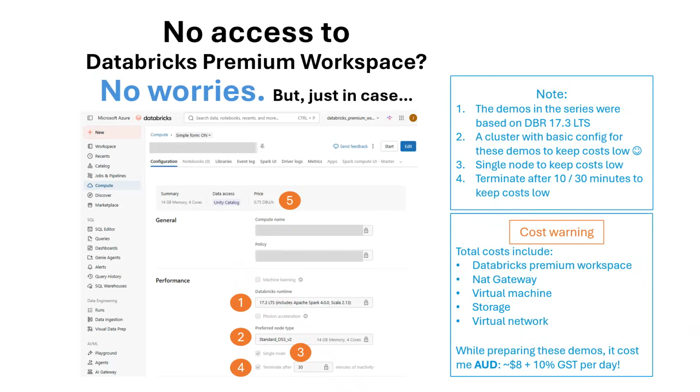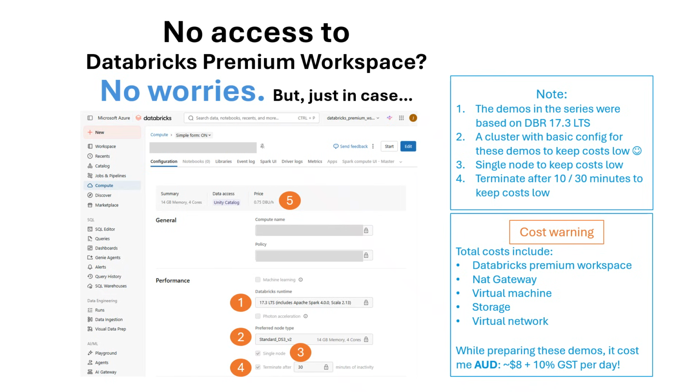And finally, what if you don't have access to a Databricks Premium workspace? No worries at all. The video demonstrations are designed to help you understand the concepts and follow along even if you don't have access to the environment. Of course, there is no substitute for hands-on practice.